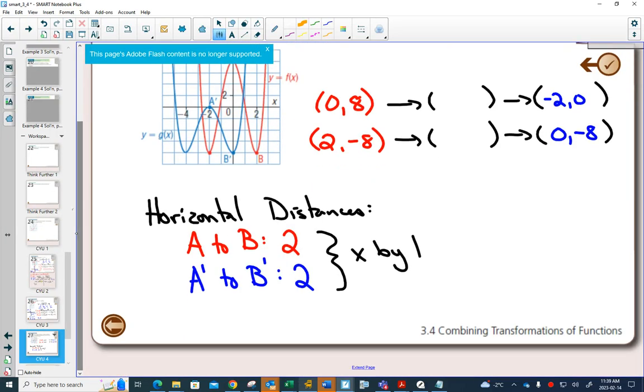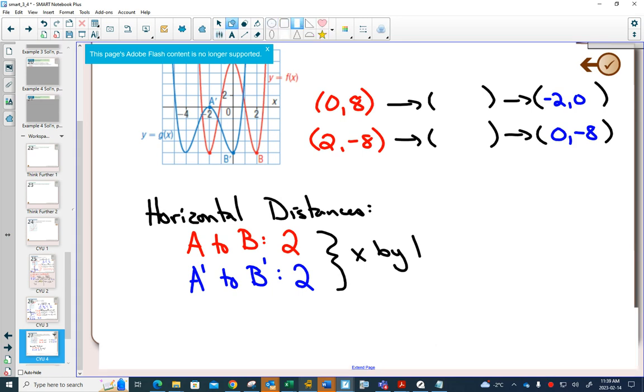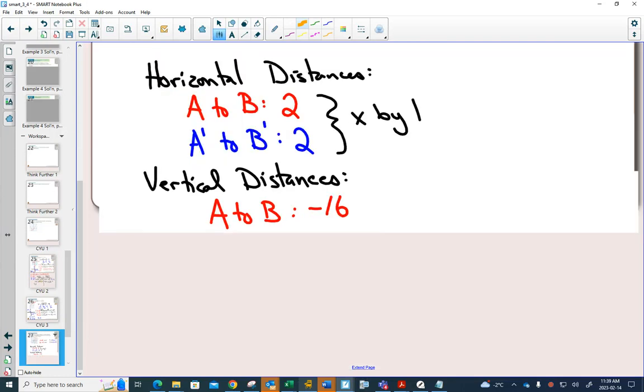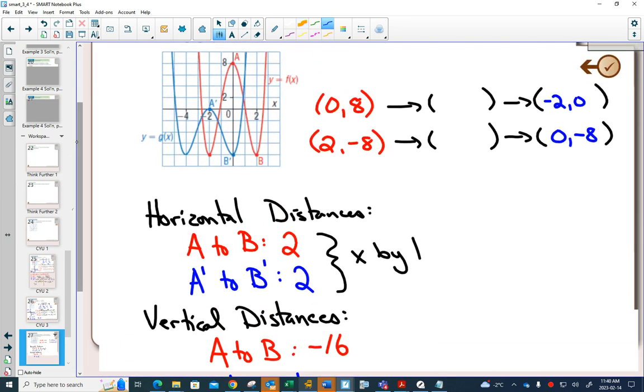When we look at our vertical distances, from A to B. Well, A is starting at +8 and B is at -8. So to go from A to B, I would have to go down 16. So I would write that as -16. And from A prime to B prime on my blue graph, I'm at 0.